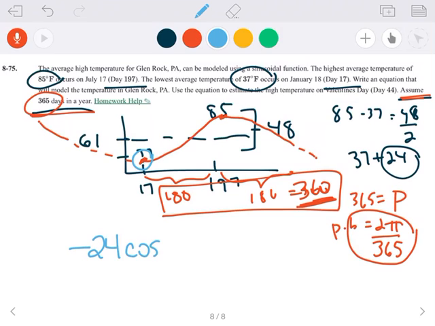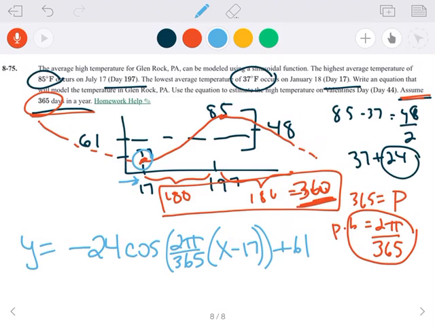I know my B value is 2 pi over 365, and then I'm going to take x, because 17 days is shifted to the right 17 from 0, I'm going to say x minus 17, and then my midline is 61. So this would be an equation that would model that graph.